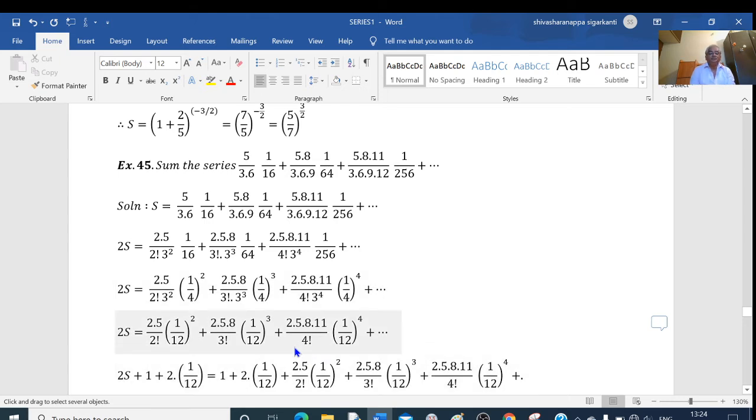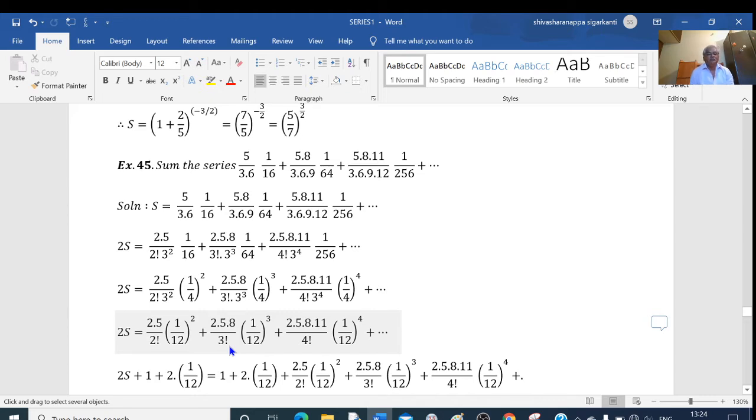Now here, see 4 terms are there which are in arithmetic progression. Denominator 4 factorial is there and something is there to the power of 4. And here also 3 terms are there which are in arithmetic progression. Denominator is 3 factorial and some term is there to the power 3. That means these terms are in binomial series. But some terms are missing here.